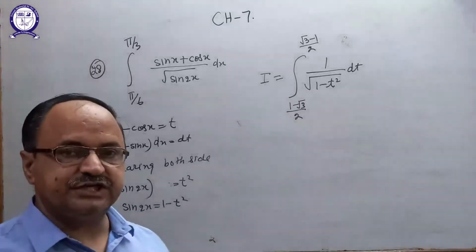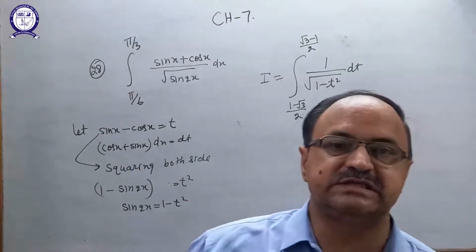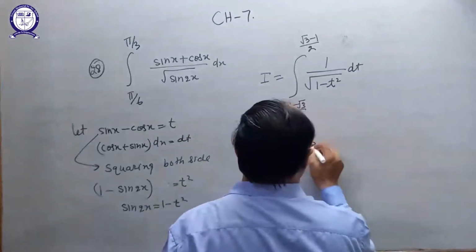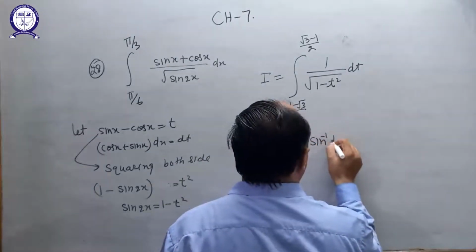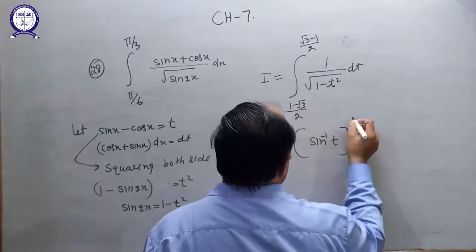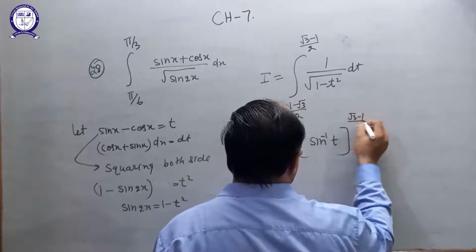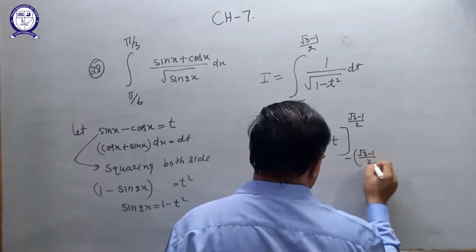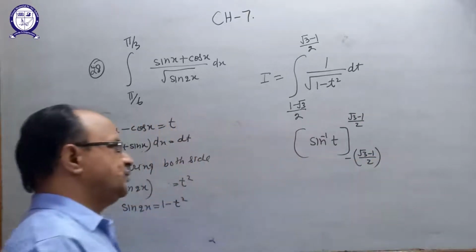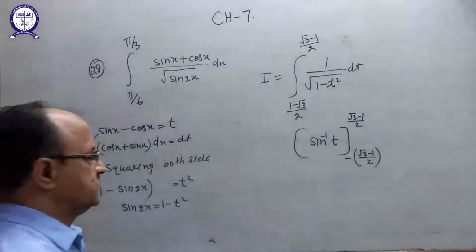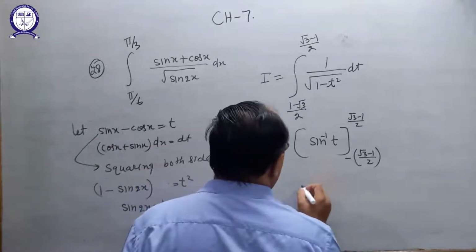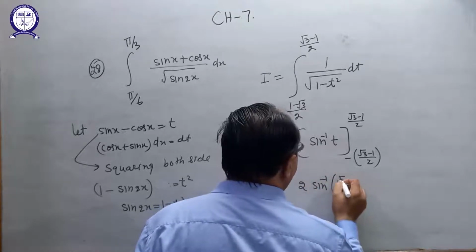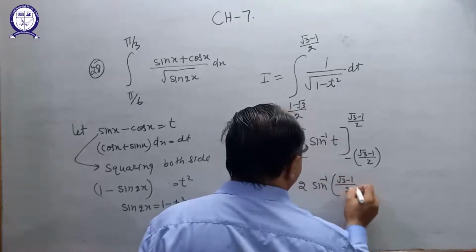And can you tell me the integration of 1 upon root 1 minus t square? Very simple. That is sin inverse t. Root 3 minus 1 by 2 and root 3 minus 1 by 2. When you put upper limit minus lower limit, the answer is 2 sin inverse of (root 3 minus 1) by 2.